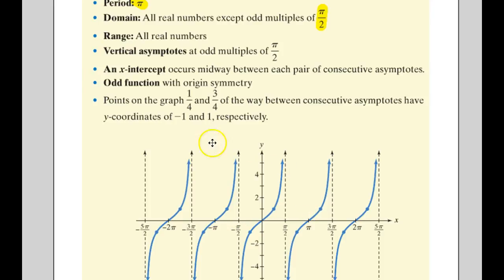Alright, and then the points on the graph a fourth and 3/4 of the way between consecutive asymptotes have the y coordinates of -1 and 1, because those are like pi over 4, right? Negative pi over 4. That's pi over 4 beyond a horizontal slope, and negative pi over 4 back behind a horizontal slope.